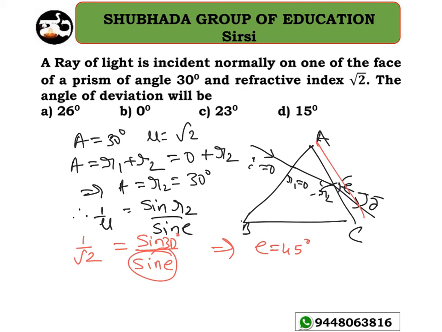The question is to find the deviation. As you know, deviation equals E minus R2, and 45 minus 30 degree is 15 degree. So option D is the right answer, 15 degree.